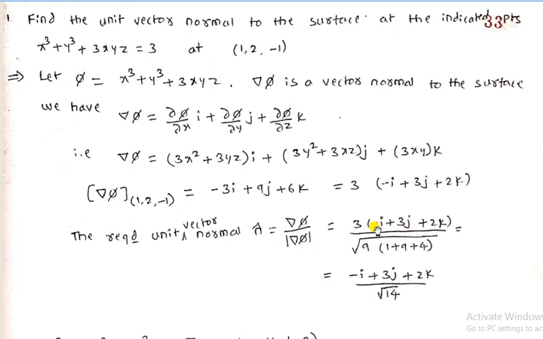Coefficient of i is minus 1, minus 1 square is plus 1. Coefficient of j is 3, 3 square is 9, and coefficient of k is 2 and 2 square becomes 4. So after simplifying we get n cap as minus i plus 3j plus 2k whole divided by square root of 14. Here square root of 9 is 3, so in numerator and denominator 3 and 3 cancel out. Which is the required unit normal to the surface.